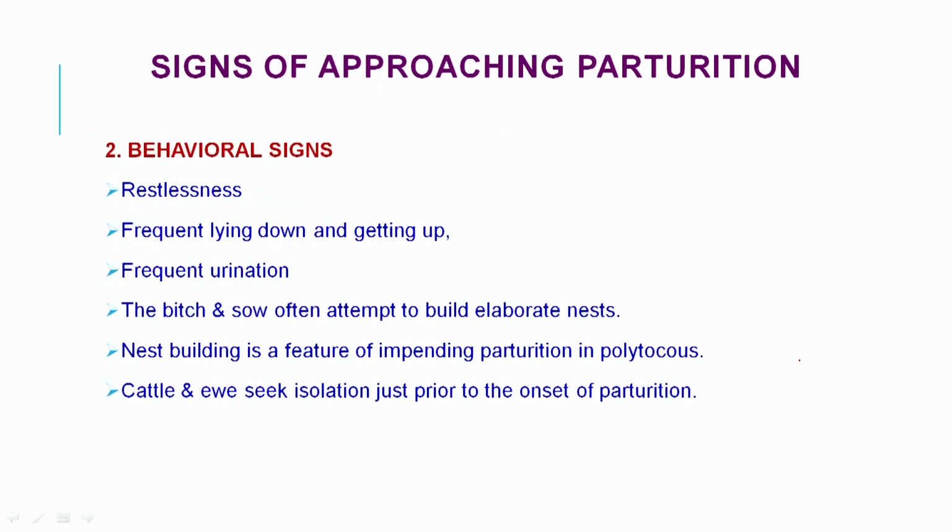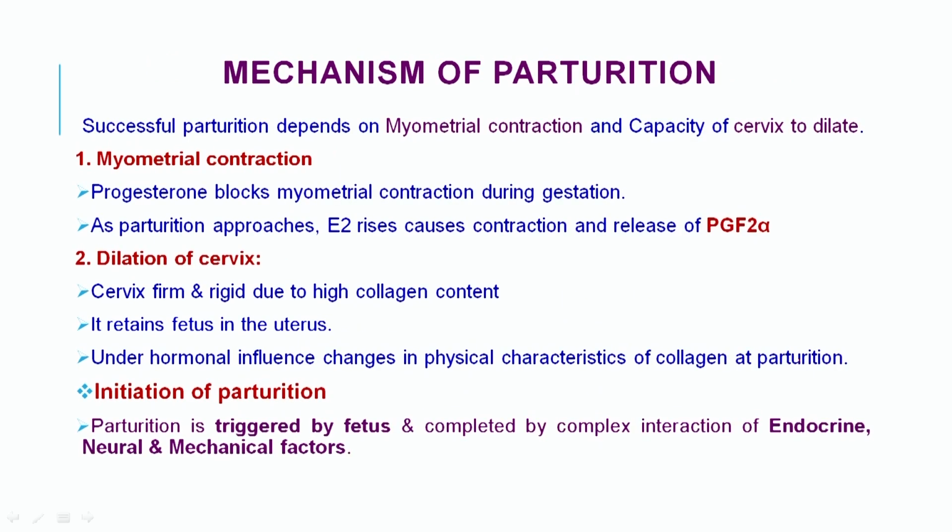If you talk about the behavioral signs of parturition in domestic animals, there will be frequent urination, the animal will be restless, getting up and lying down frequently, and polytocous animals, which give birth to more than one young, will show nesting behavior before parturition. As for the mechanism of parturition, successful parturition depends on myometrial contraction and dilatation of the cervix.